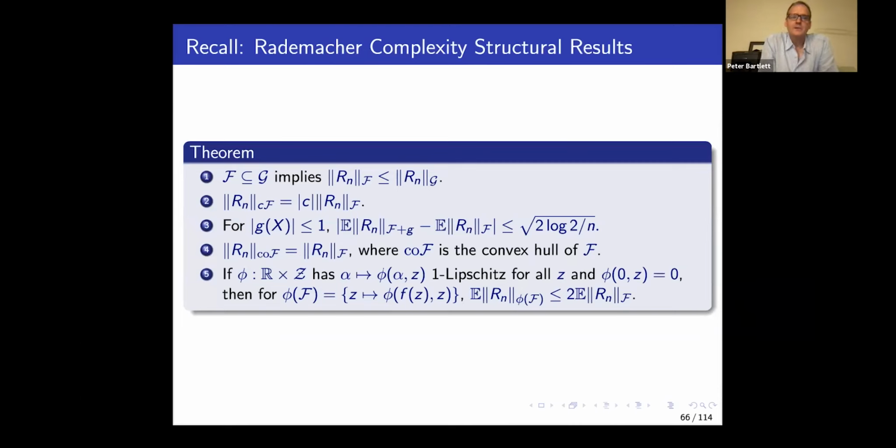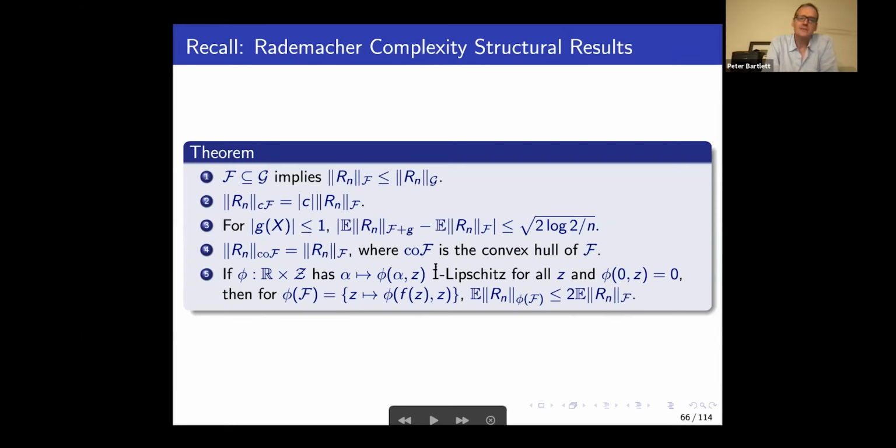Going back to this last structural result for Rademacher complexity, right? That said, basically that if phi is Lipschitz in the f value, then when we compose functions in our class with phi, we get a Rademacher complexity that doesn't increase too much.